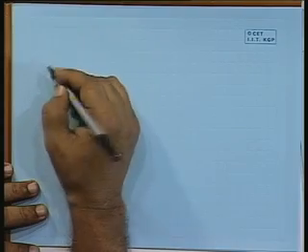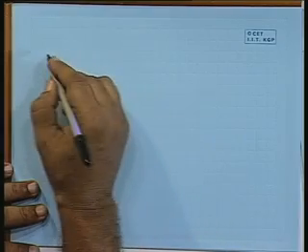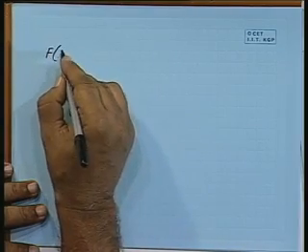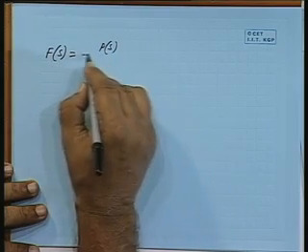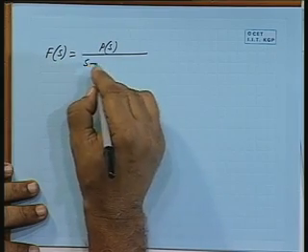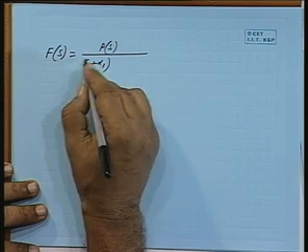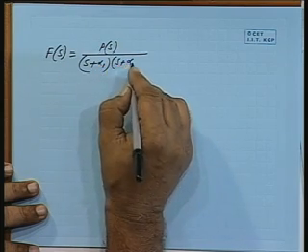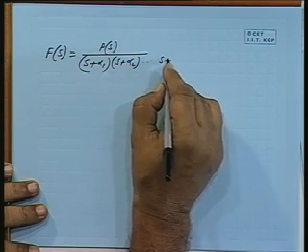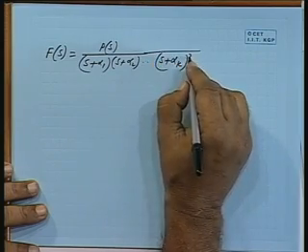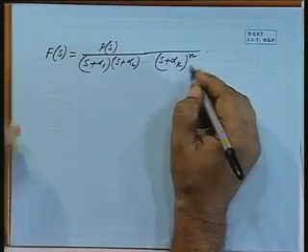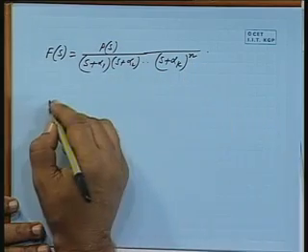While making partial fractions, sometimes you may come across multiple poles at a particular point. Say we want to find the partial fractions where the denominator is s plus alpha 1 into s plus alpha 2 and so on, but s plus alpha k has n number of roots, that is 3, 4 multiple roots.